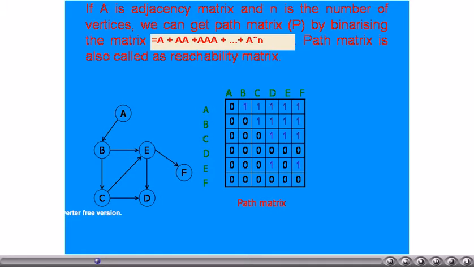However, doing these calculations is computationally intensive, thus we require an efficient procedure. Warshall's algorithm is an efficient way of calculating the path matrix.